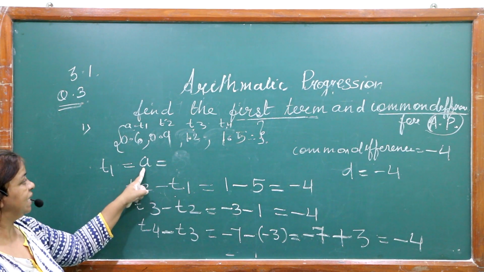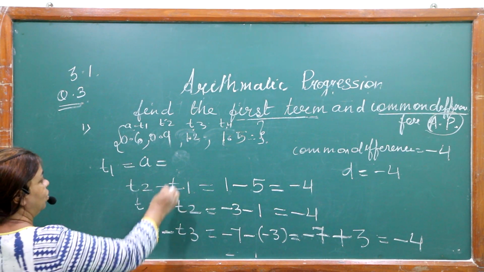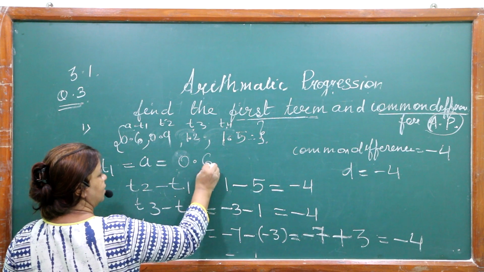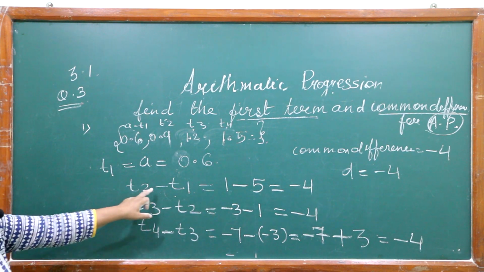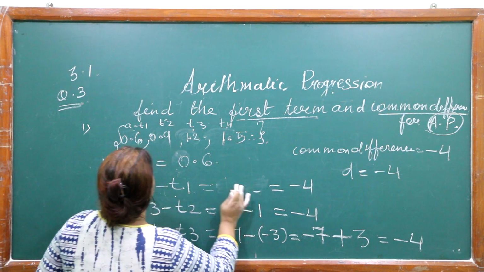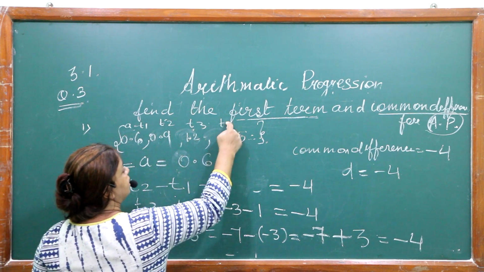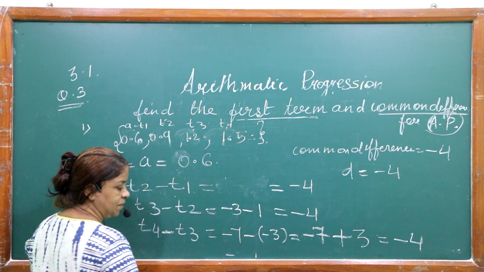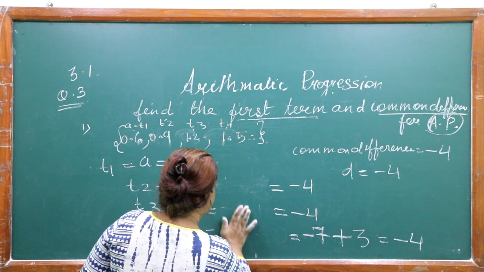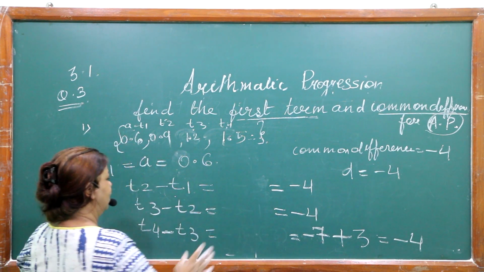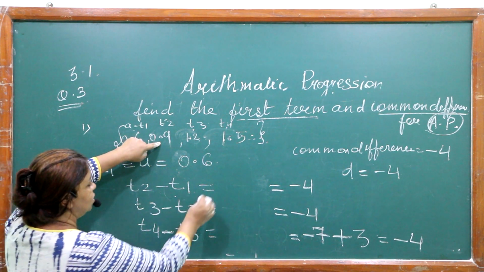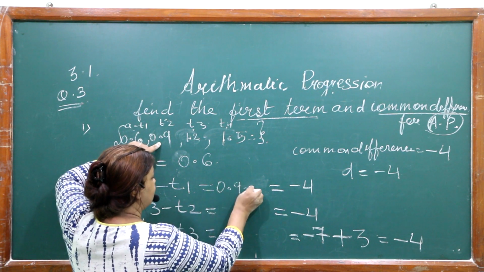Term 1 is nothing but A, and that is 0.6. And as you know, T2 minus T1. T1, T2, T3, T4.